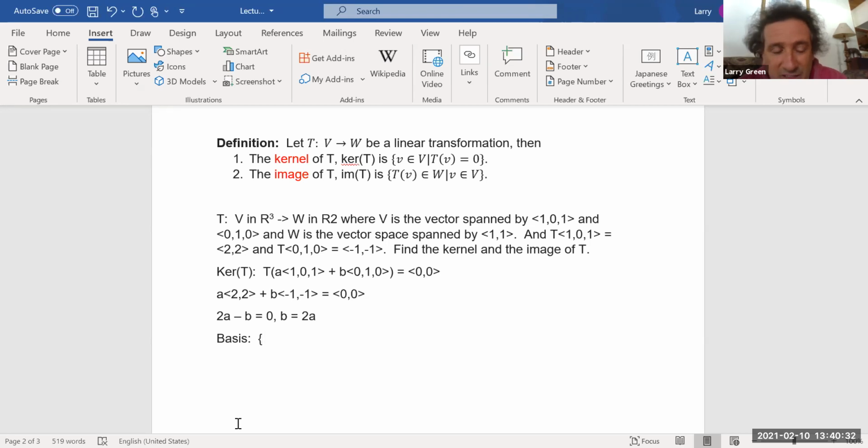So a basis is just going to be the single vector where A is equal to 1 and B is 2. In that case, I'll write it and then I'll do more work. So it's going to be 1 times 1, 0, 1 plus 2 times 0, 1, 0.